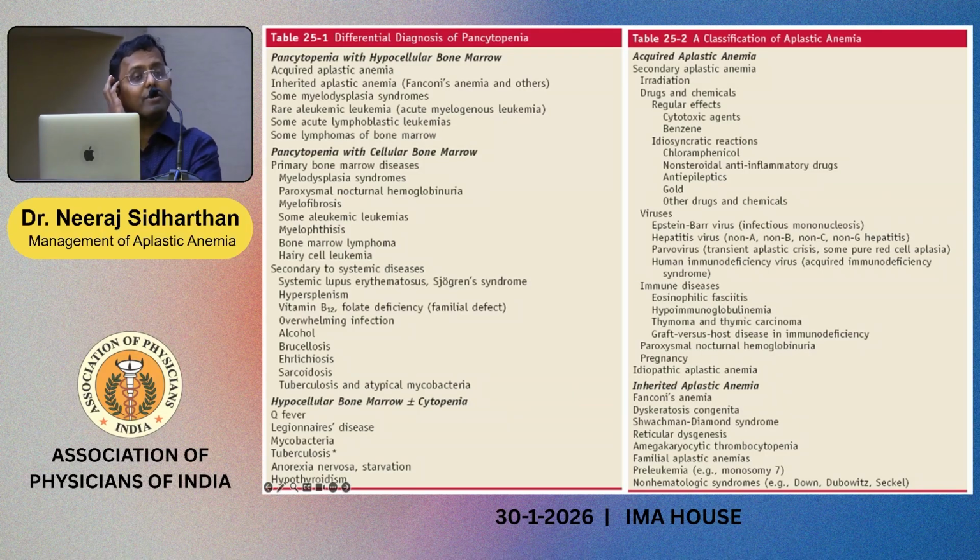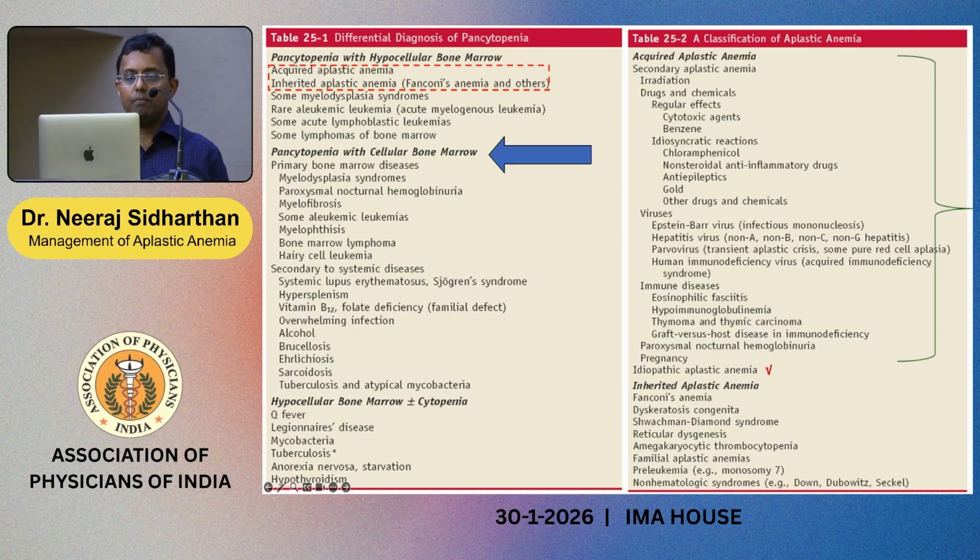It's often seronegative, where the classical A, B, and C are usually negative. We can pick up with the modern investigations Epstein-Barr virus and parvovirus, and these are two things which we often see resulting in pancytopenia. And of course, then we have pregnancy where you find cytopenias, and then some other disorders like thymoma, particularly resulting in pure red cell aplasia.